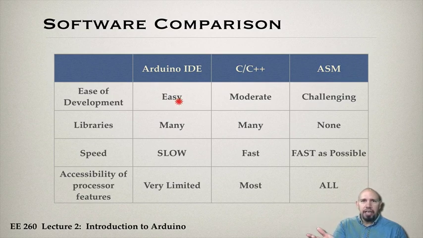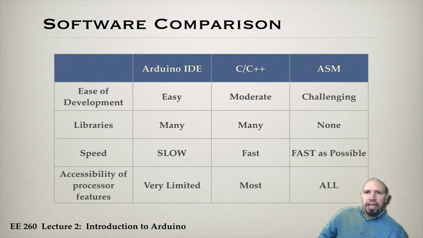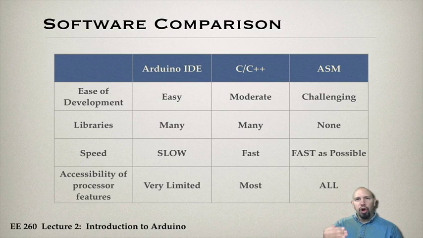You don't have to be a PhD in electrical engineering to be able to use the Arduino IDE. An artist, someone who has a very low technical background, can use it. A housewife who wants to design clothing that can flash or do something. That's the Arduino IDE. It's designed to be easy.